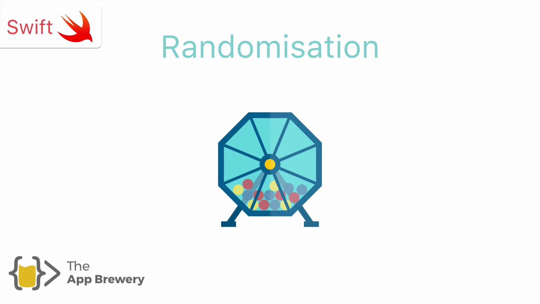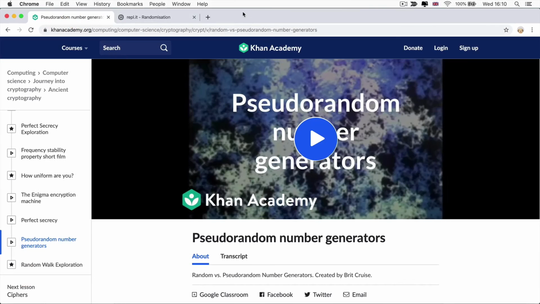So how are random numbers generated from a computer? Say previously when we generated our random numbers, how does the computer even do that? Well, if you're curious about that, have a look at the course resources page where there's a link to a really good video on Khan Academy where Britt Cruz explains how random numbers, or rather pseudo-random numbers, the randomness that we get from computers, are generated.